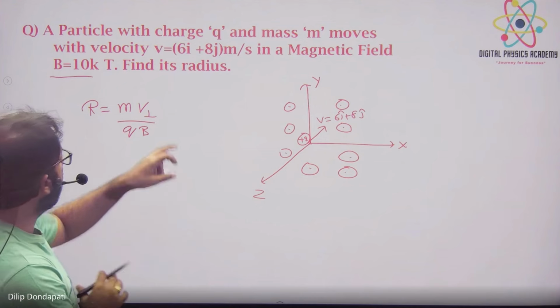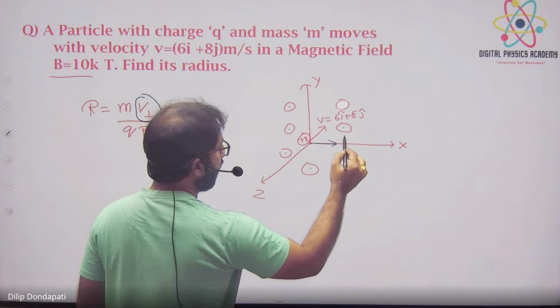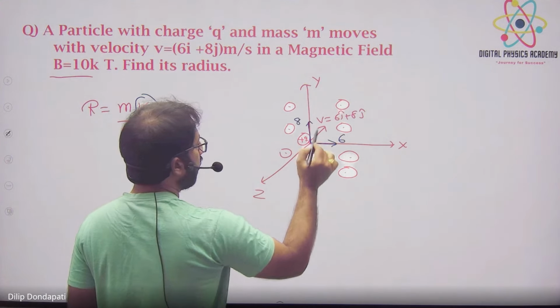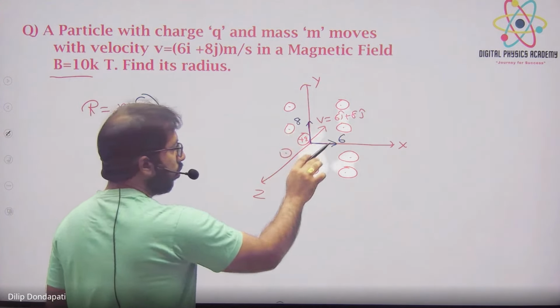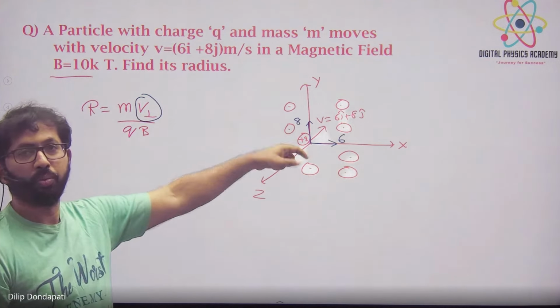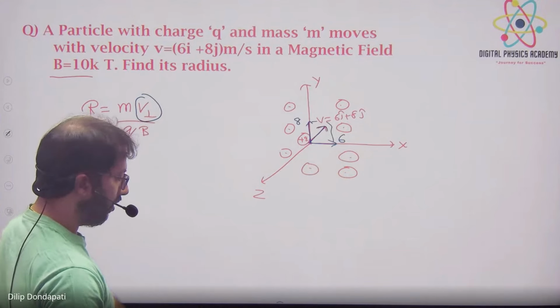Okay, मगर क्या डालने का इधर? Unit देखो, vector, this 6 i cap and 8 j cap, right? So this total velocity is perpendicular to the magnetic field. So इसका resultant velocity you have to put. Sir, m by q. M by q, very good.